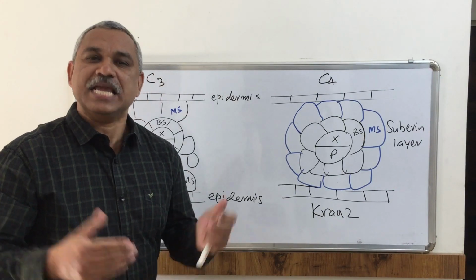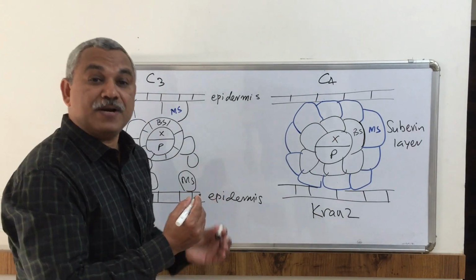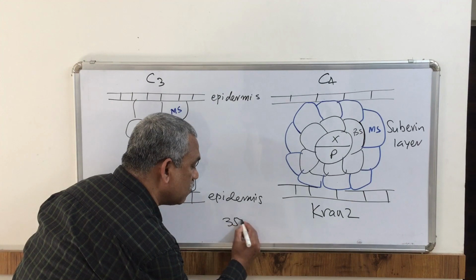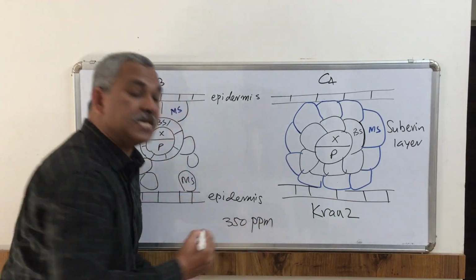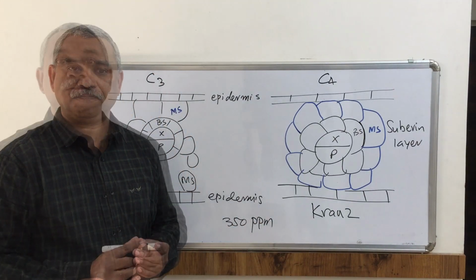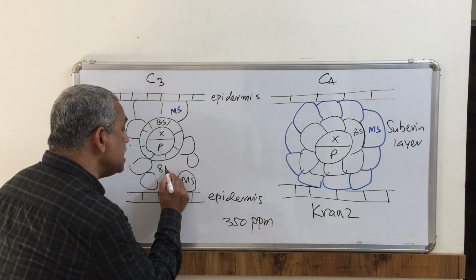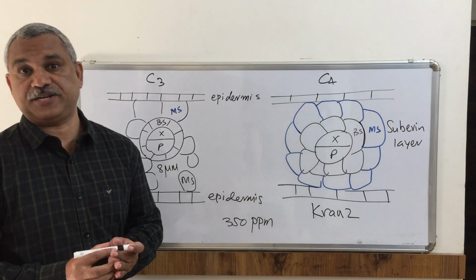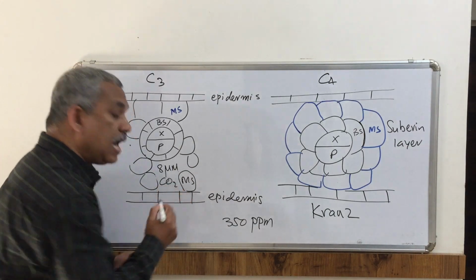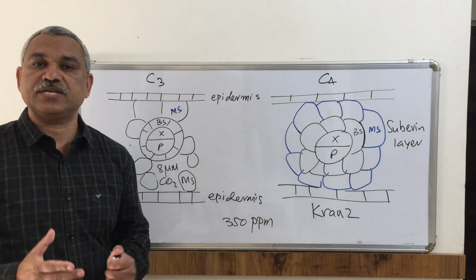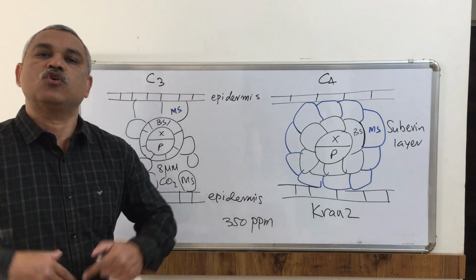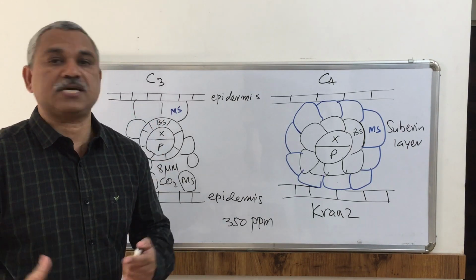We know that in the air, the carbon dioxide concentration is about 350 parts per million. When carbon dioxide is taken inside, it becomes about 8 micromolar concentration of CO2. And at 8 micromolar concentration in a C3 plant, Rubisco will be able to fix carbon dioxide.